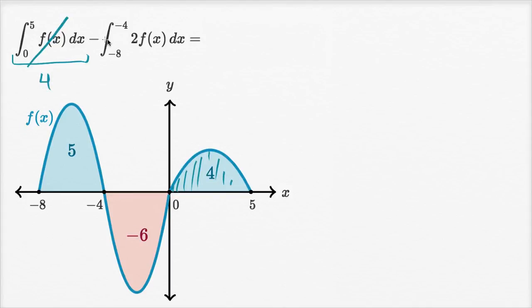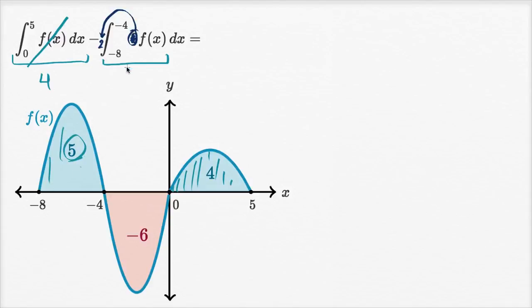And now we're going to subtract the integral from -8 to -4 of 2f of x. Well, let's just take this 2 outside. Then this just becomes the integral from -8 to -4 of f of x, and this thing right over here evaluates to 5.